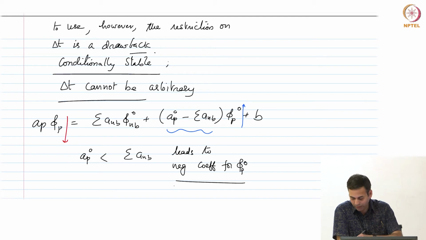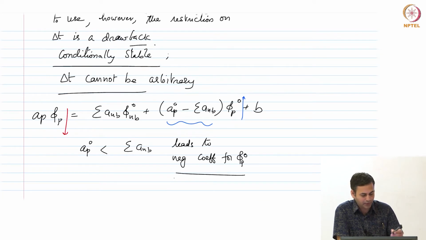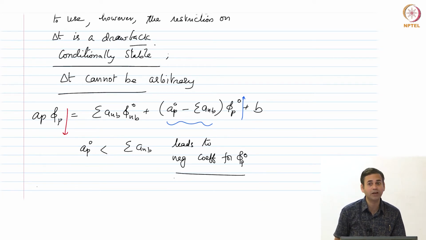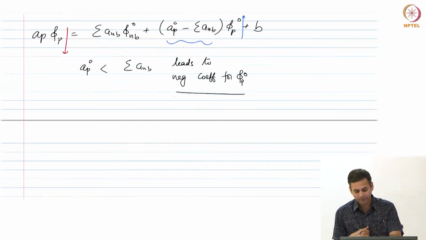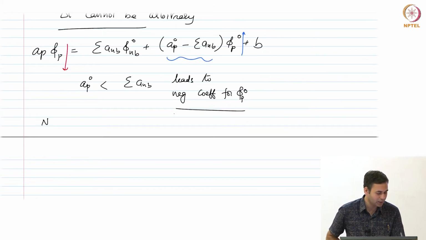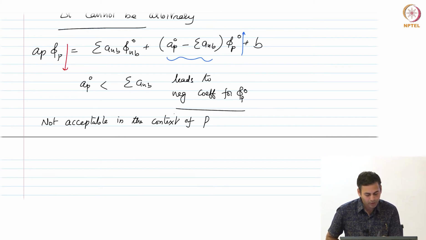This kind of behavior is not acceptable in the context of parabolic PDEs. An increase in phi at one time level would lead to a decrease in phi at the next level in the same cell.